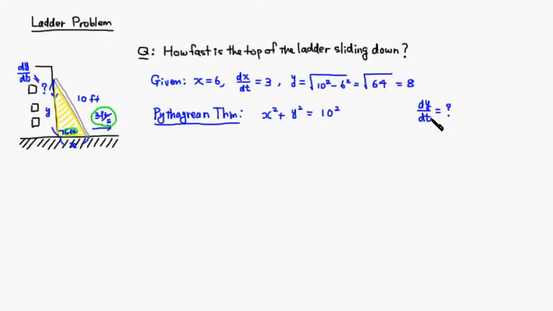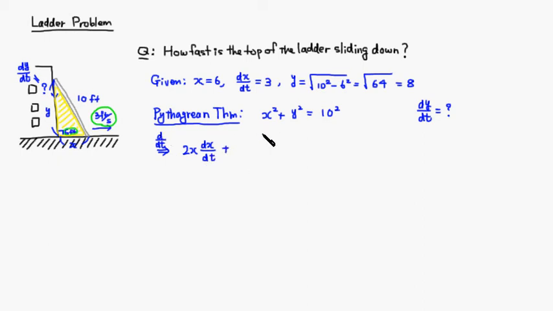So we have to create that from this equation right here. The most natural thing to do is take the derivative with respect to t. The derivative of x squared is 2x times dx over dt. Don't forget that, that's the chain rule.